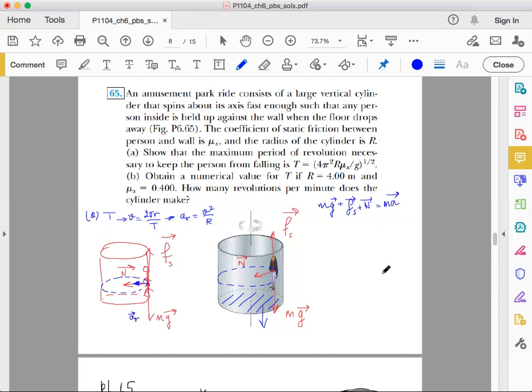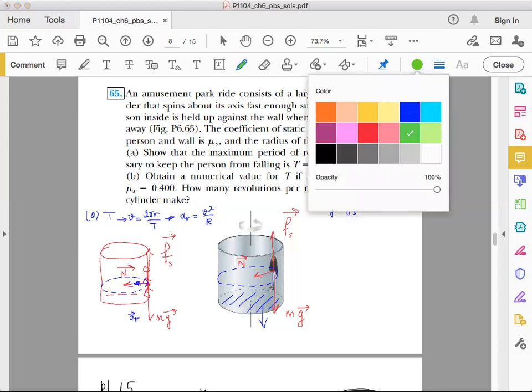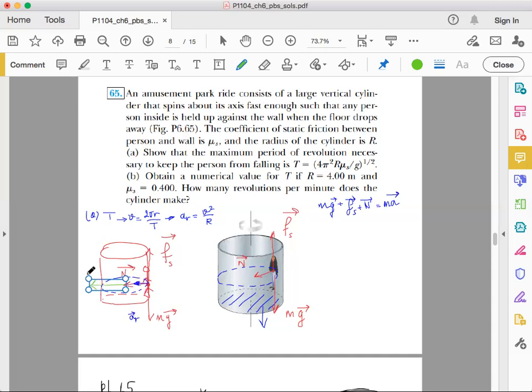Now we have to make a choice for two axes. So let's take, of course, by default, the centripetal direction to be the x-axis because it's on this axis that we have the acceleration. And then we will take the vertical axis to be the y direction, which is perpendicular to x.